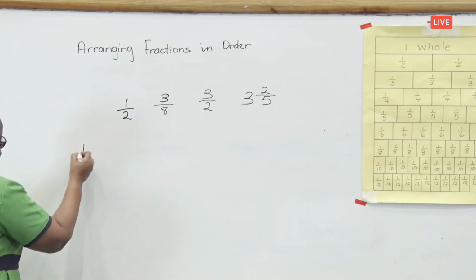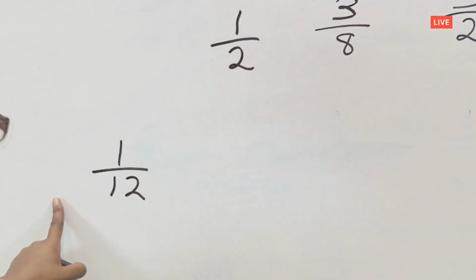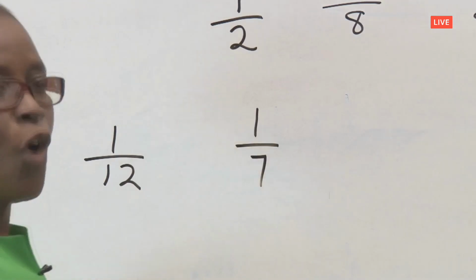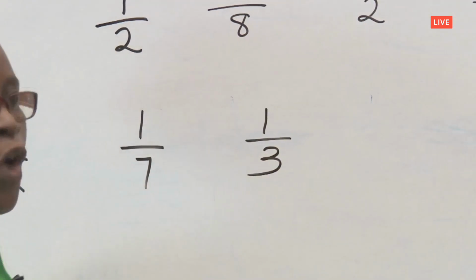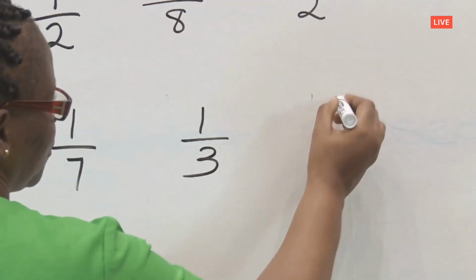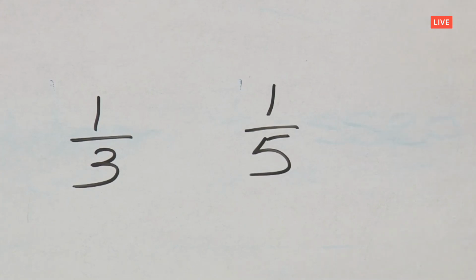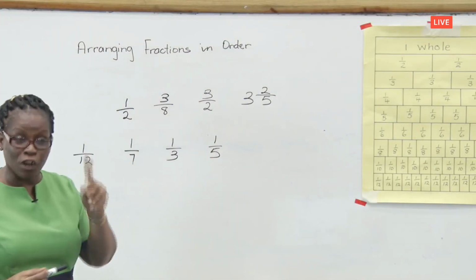So let's say I have these fractions. What is this fraction? 1/12, 1/7, 1/3, and 1/5. What kind of fraction do we call these?